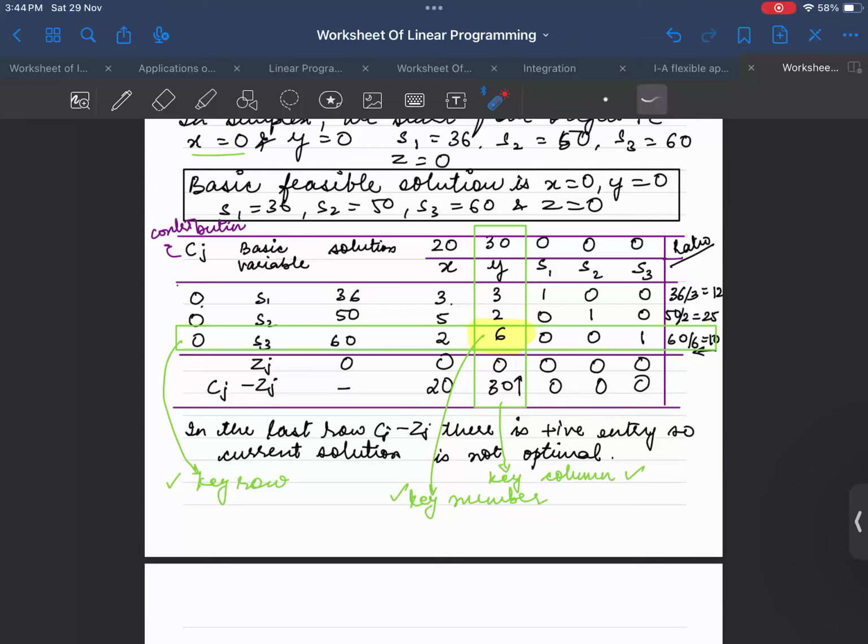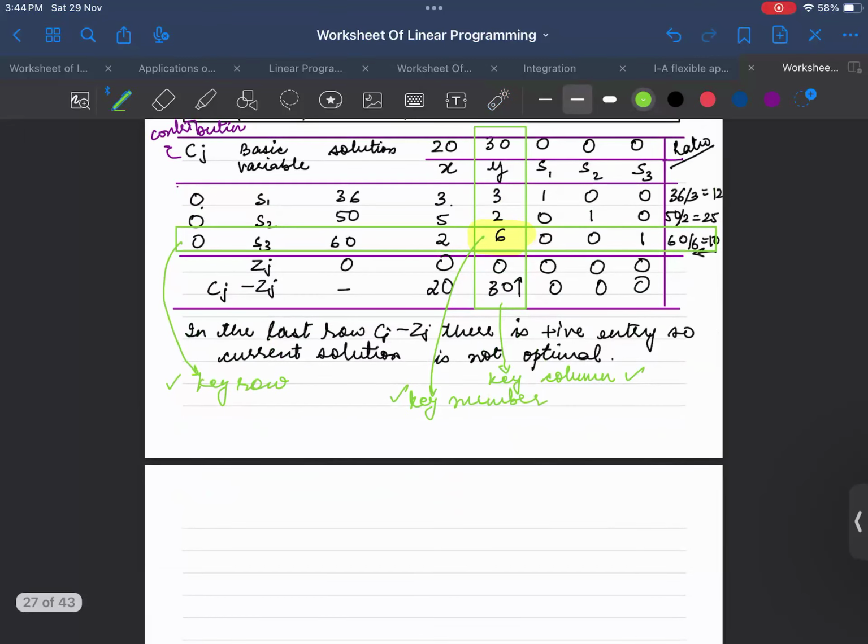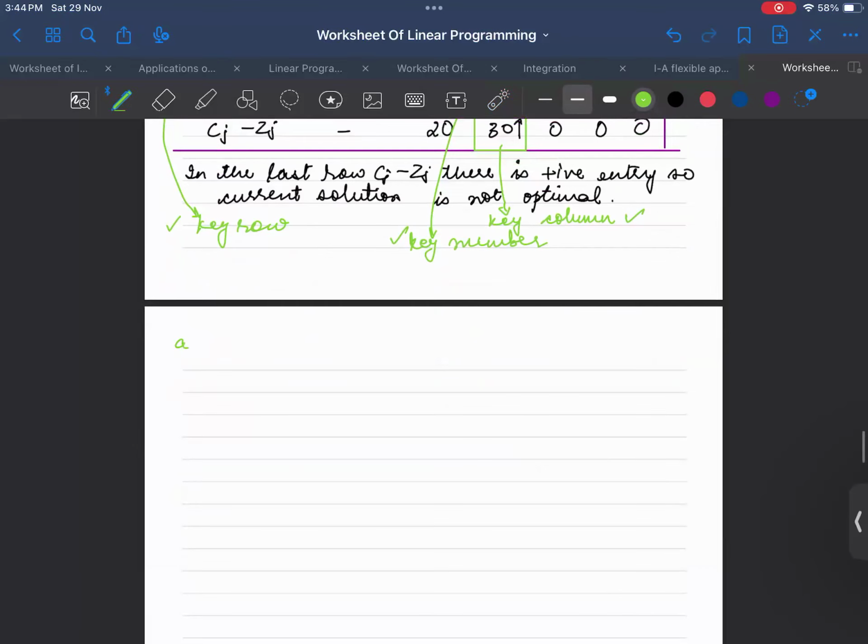Okay, now let me explain what the Zj row means. Let me explain by writing, first point, A. I'm explaining the Z row.